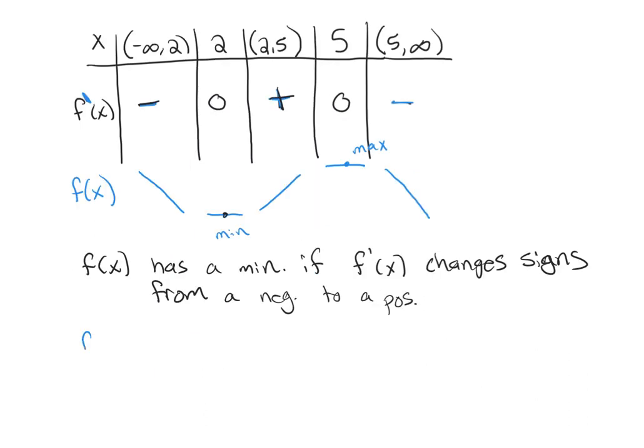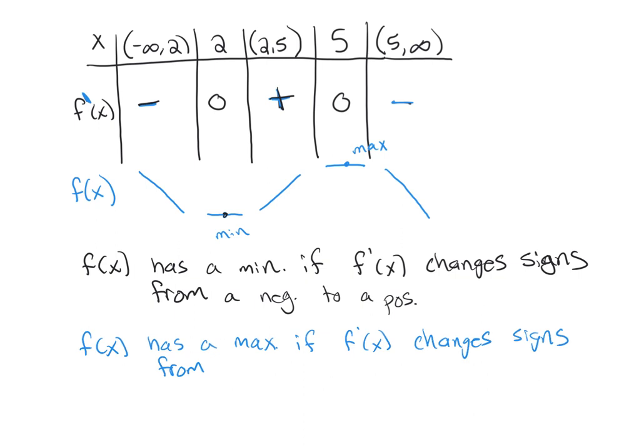And then the opposite, we can say that f of x has a maximum point if f prime of x changes signs from a positive to a negative.